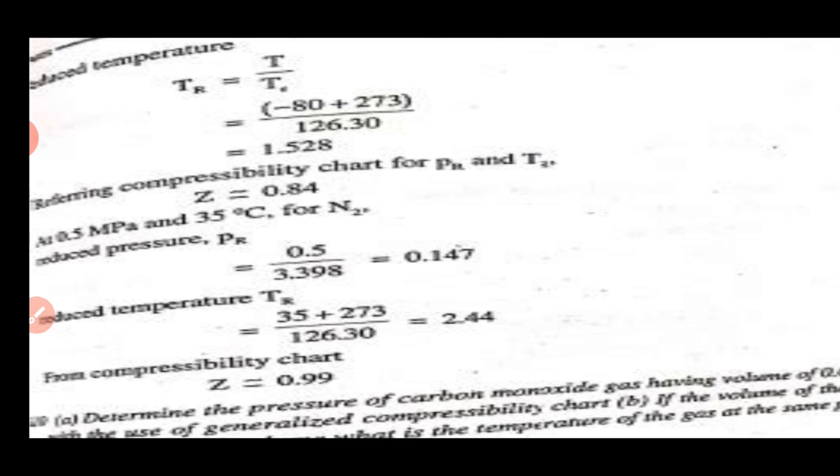Referring to the compressibility chart for PR and TR, PR is 2.5 and TR is 1.5, so you get Z equal to 0.84. Next, the second condition is 0.5 megapascal and 35 degrees centigrade.